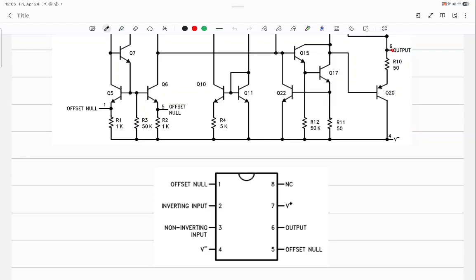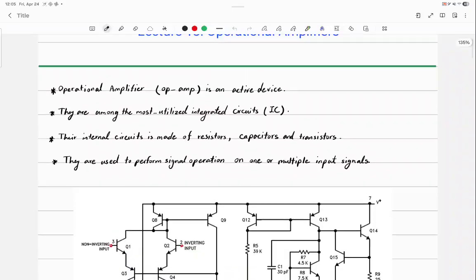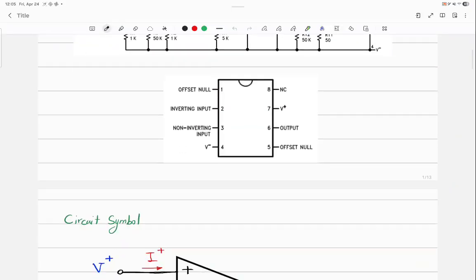For example, V positive and V negative are the supply that you saw on the circuit. You have the output, you have the non-inverting input and the inverting input, okay? And these are the terminals that you will connect to the rest of the circuit to do your mini lab, okay? But these are all for practical and experiment purposes.